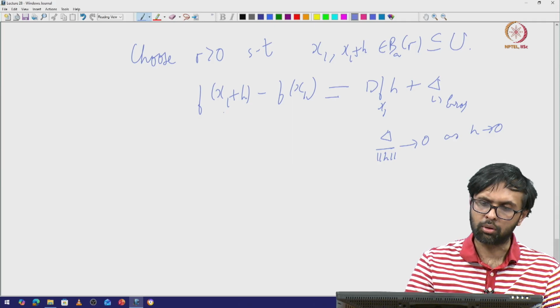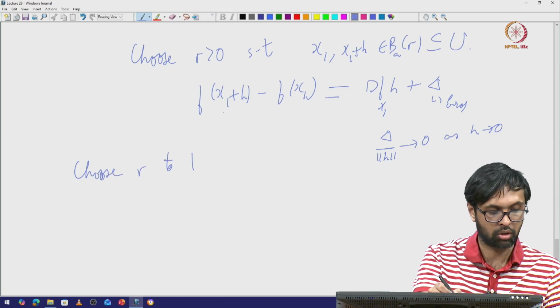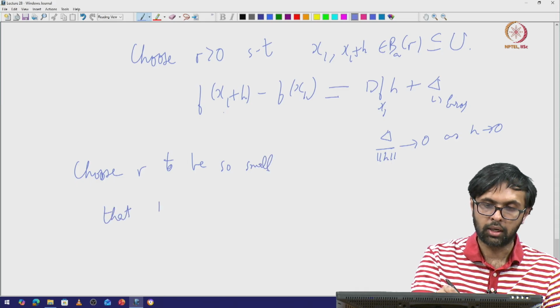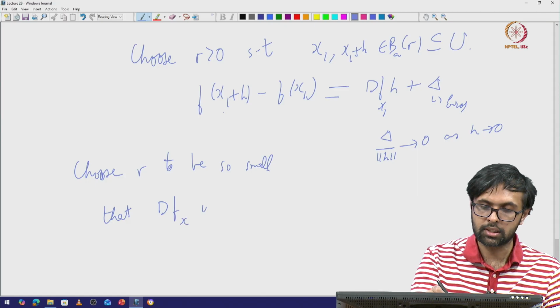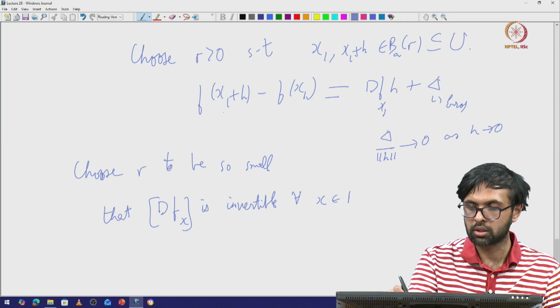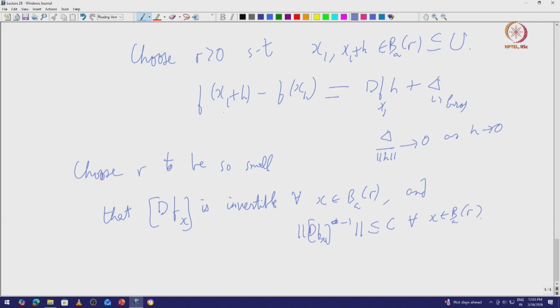Now the point is, choose R to be so small that dfx is invertible. This matrix dfx is an invertible matrix for all x in this ball, and the norm of this matrix inverse is less than C for all x in this ball.